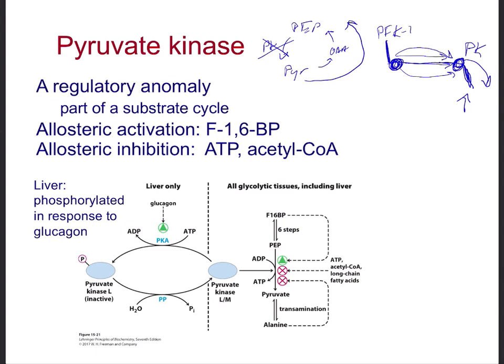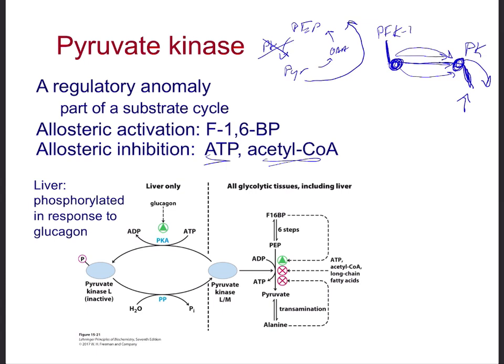There's also some allosteric inhibition, ATP. If ATP levels are high, we inhibit pyruvate kinase. Acetyl-CoA also inhibits it, and we'll see acetyl-CoA when we get to talking about the citric acid cycle, but ultimately what happens is that pyruvate is converted to acetyl-CoA. If acetyl-CoA levels are high, then it means that we need to stop converting phosphoenolpyruvate into pyruvate.